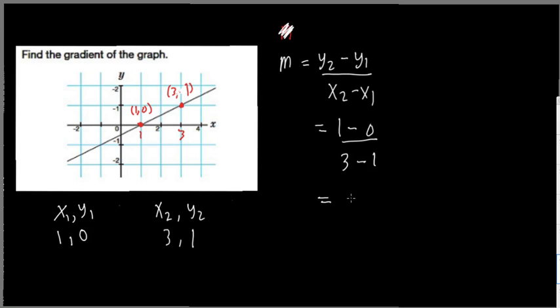So we get 1 over positive 2. So the gradient is 1 over 2, or half.